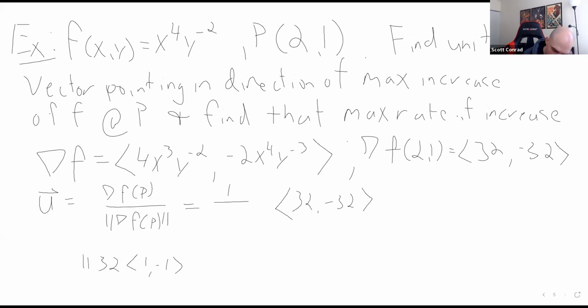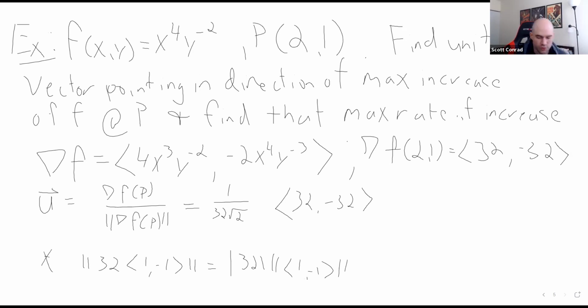And the magnitude of that is going to be the absolute value of the constant times the magnitude of (1, negative 1), which of course is just root 2. So 32 root 2 is a little simpler way to see what's going on here.